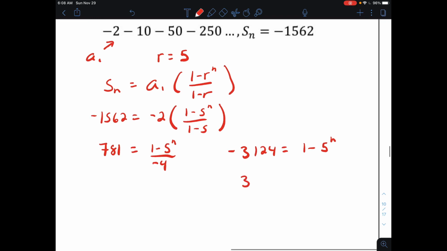And we have 3,125 is equal to 5 to the n power. Now, you could take a natural log of both sides and solve, or I could look to use exponent properties and figure out 5 to the what power makes 3,125, and that is 5 to the 5th power. So 5 to the 5th power is equal to 5 to the n, and so that means that n is equal to 5.